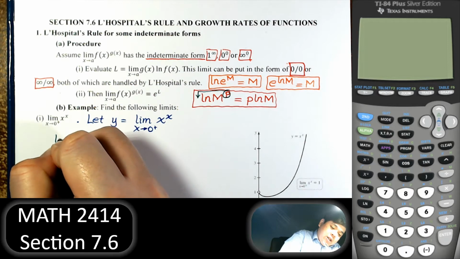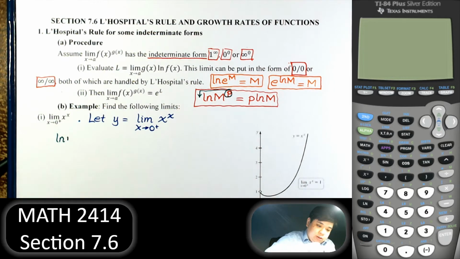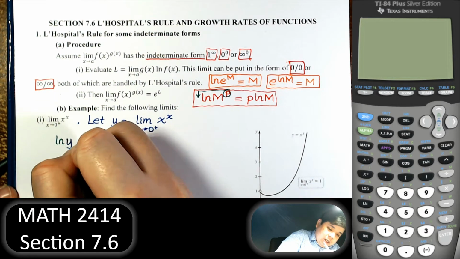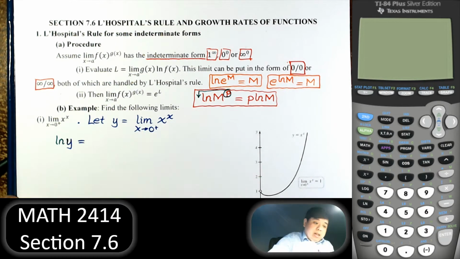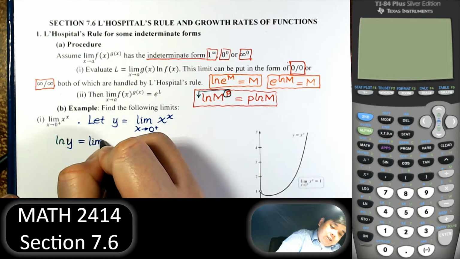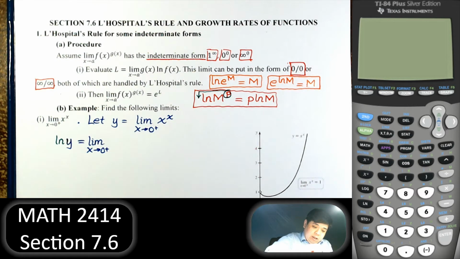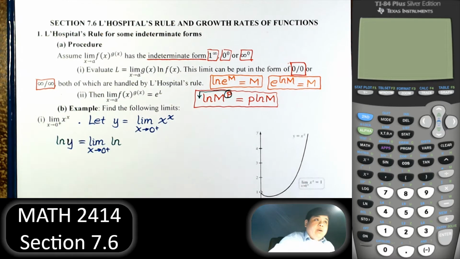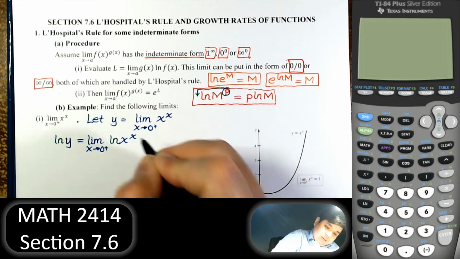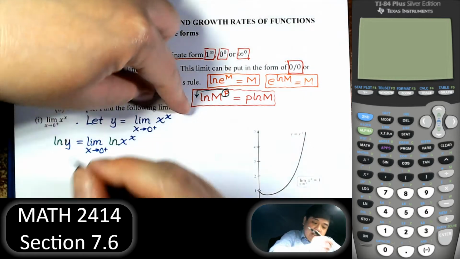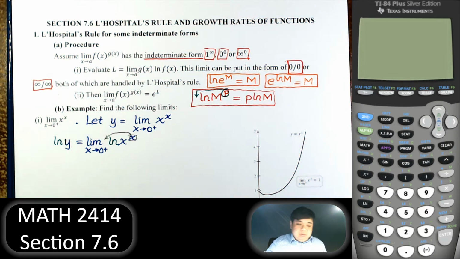So we'll take ln of y equal to, I can put ln here, but I can also put ln after the limit, and I will do that. Now using that identity, we can take the exponent down.